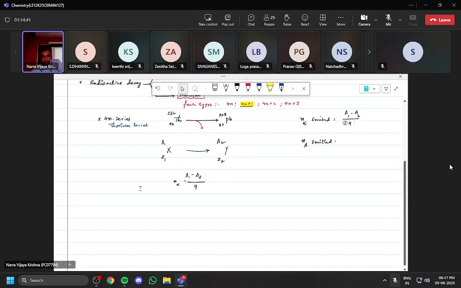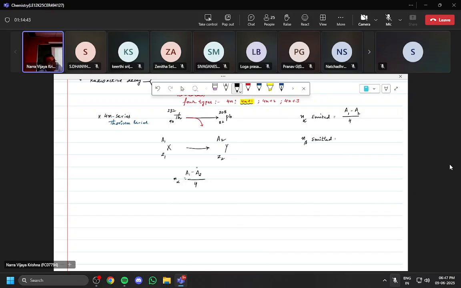Now, if this decreases, what about the Z value, the atomic number? It should decrease by 2.